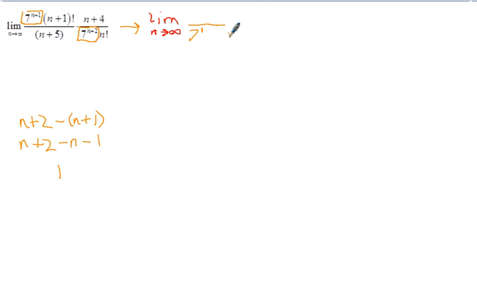Then n plus 4 and n plus 5. Again, n plus 5 is 1 more than n plus 4. So that'd be like if you had 8 over 9. So that doesn't reduce at all, so those would stay: n plus 4, n plus 5.